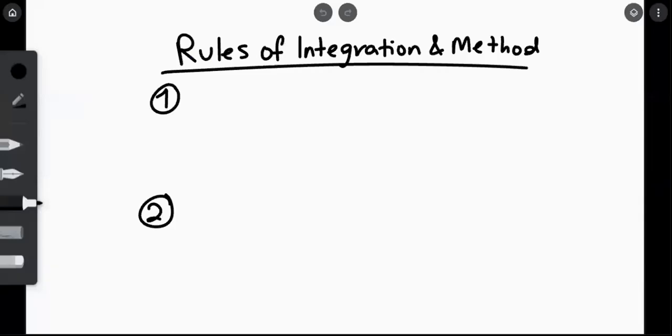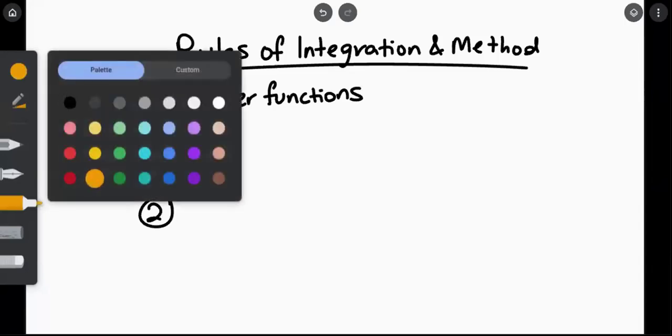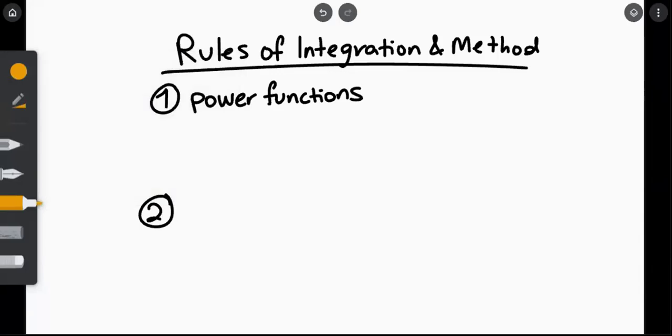For integration, there are only 2 rules, and you need to memorize these 2. First one is power function. Then you may ask me, what is the method? Method is very simple. You know that in differentiation it is power come down, power minus 1, right?